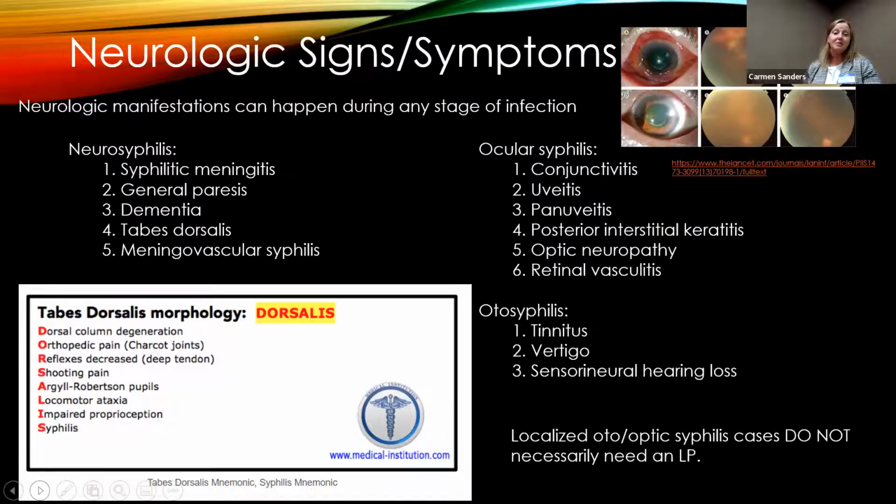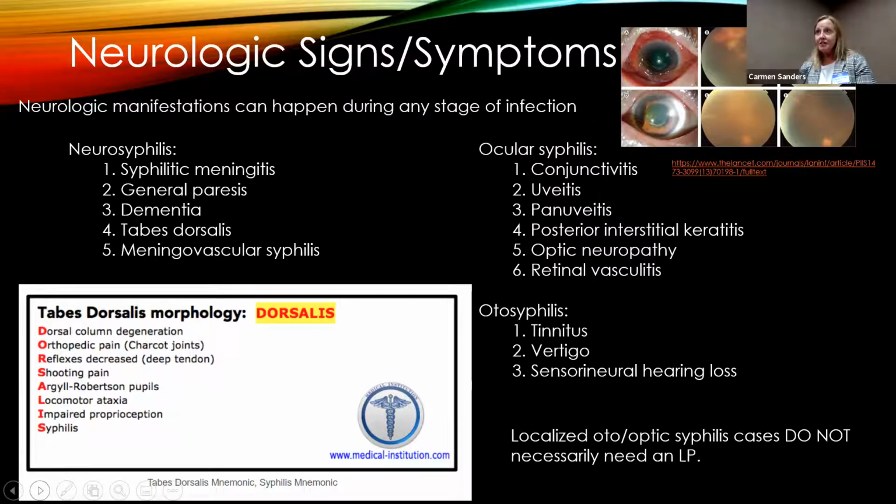That's what you'll see with that. Shooting pain, differences in your pupil reaction, locomotor ataxia. So when you're moving, you're off balance is what that breaks down to. Impaired proprioception, you don't know which way is up. And syphilis, because we had to have something for the S apparently. So those are the things that you may see, and it may be a combination of any of those things or just one of those symptoms.